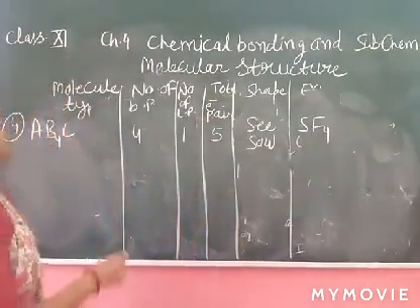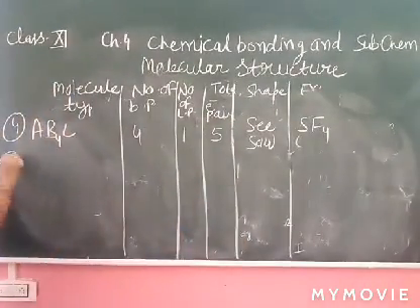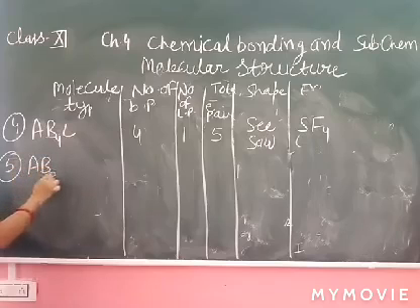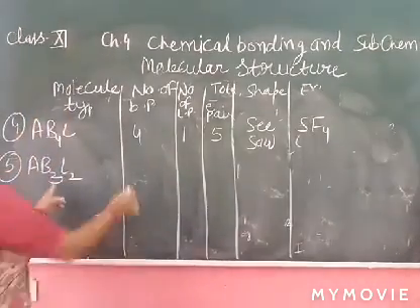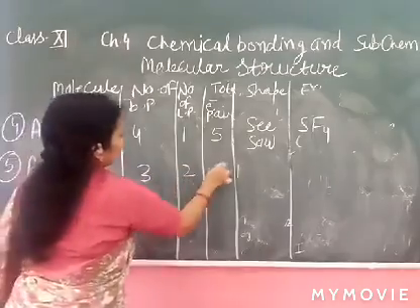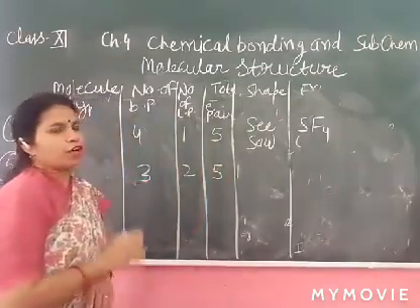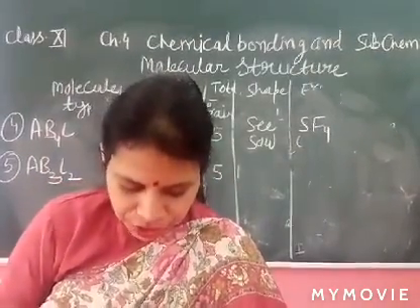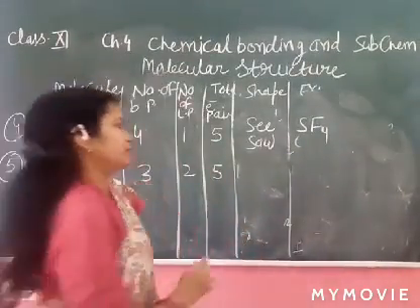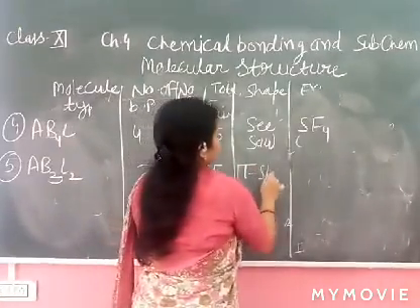Now AB3L2. How many lone pairs? 3 and 2 make 5, total again 5. Due to lone pair repulsion, the structure becomes T-shape, ClF3.